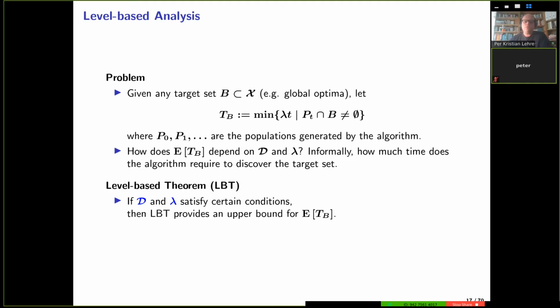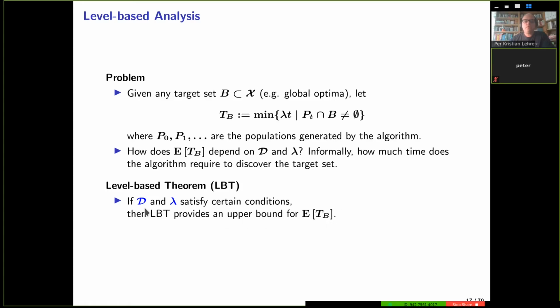So we have introduced this tool called the level-based theorem, which essentially says this: if this operator D and lambda satisfy certain conditions, then this theorem will provide an upper bound on this expectation.